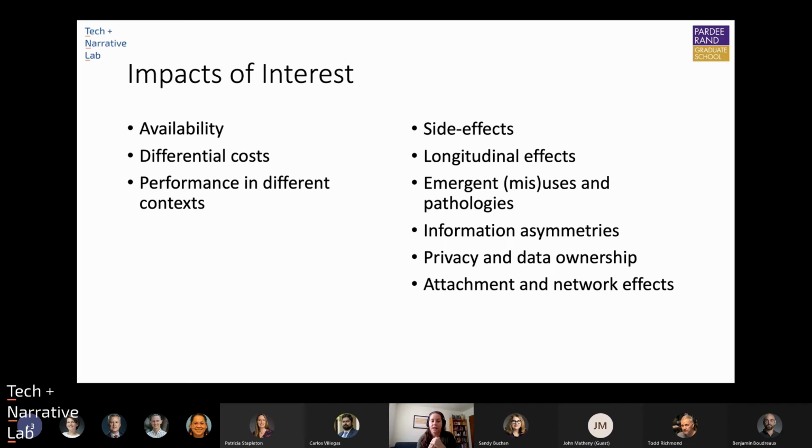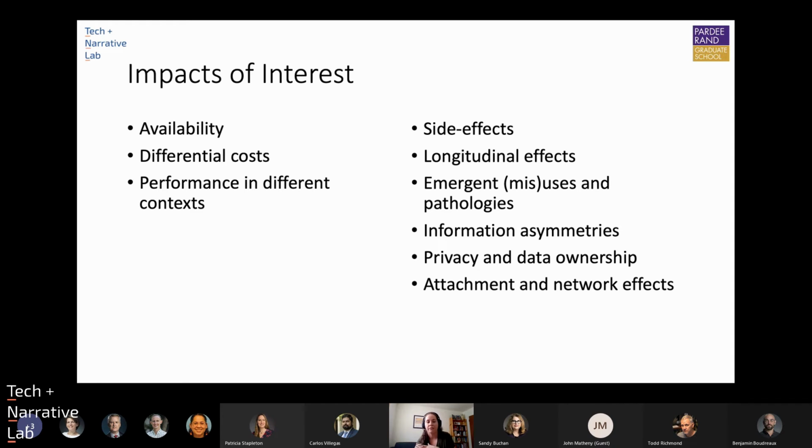And then similarly, if there's a technology that, for example, is for online learning that requires a high-speed internet connection to work effectively, well, that's not built into the technology, but it does have something to do with the performance. And so there's this ancillary infrastructure impact there.